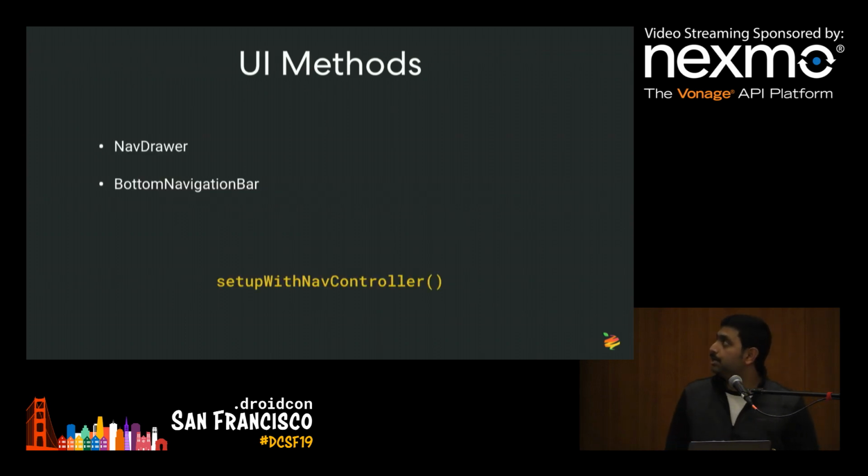Setting up the nav drawer and bottom navigation bar is almost the same thing as well. For the bottom navigation bar, you have a menu XML file; if you name the IDs the same as that of the destination that you want to open up, then you just say setupWithNavController, and it opens up.